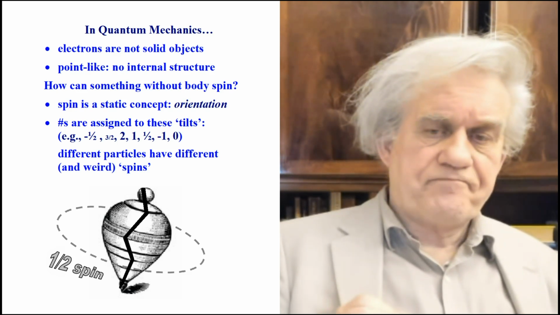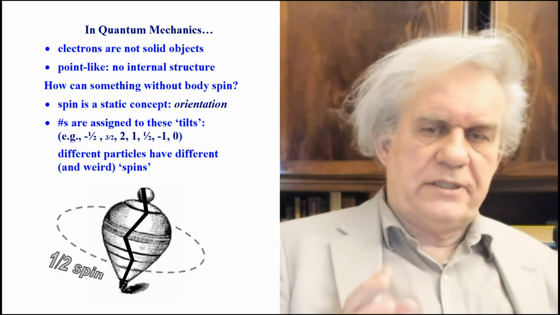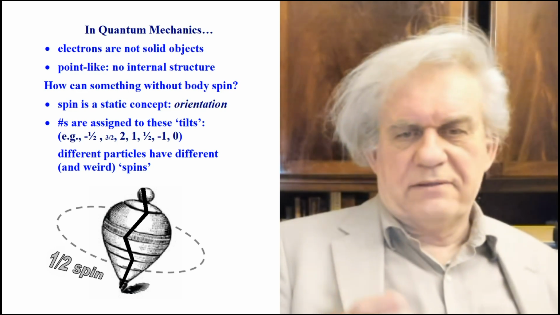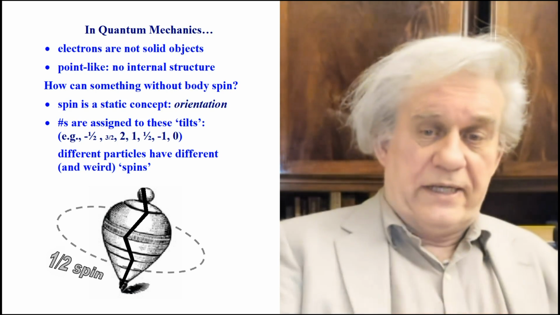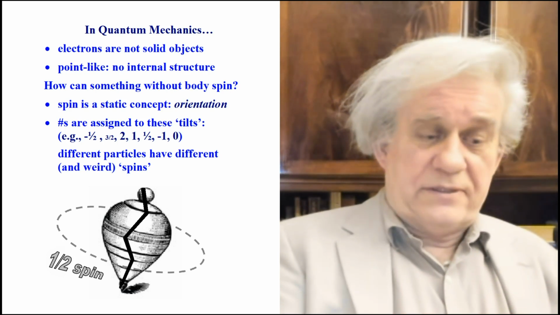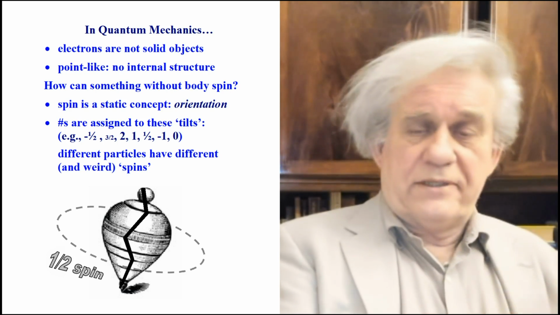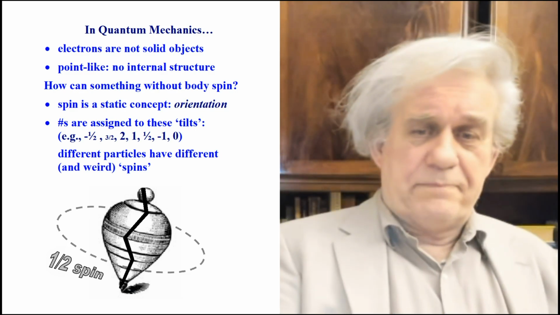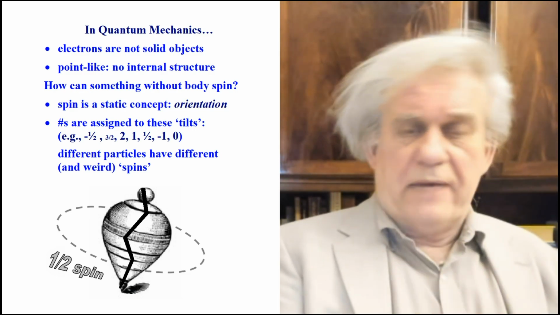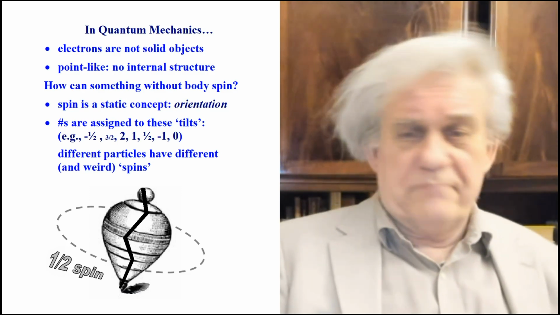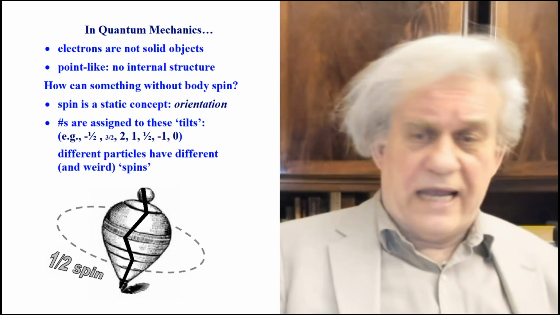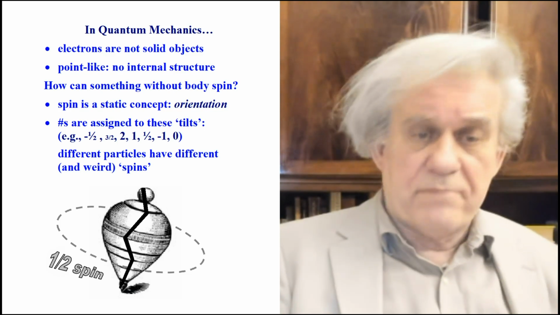It's essentially orientation, a tilt. I like to describe it as you make a mark on your top and you spin it. When it stops, if that mark is pointing upwards, you call it spin 1. If it's pointing in the opposite direction, pointing downwards, you call it spin -1. If it's pointing to the side, maybe you call it spin 3/2 or half or -1 or whatever. You give them numbers. That's what they did.